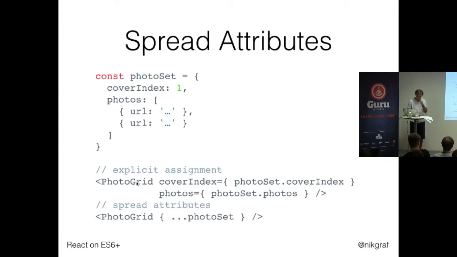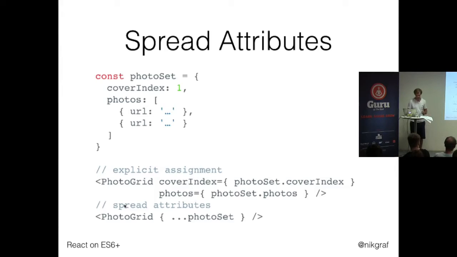What you can do is explicitly assign everything. So if I want to show that in a photo grid, I could say, okay, the cover index is coming from my photo set, and that's the cover index. And the photos are coming from the photo set, and these are the photos. So I pass everything explicitly down to the subcomponent, in this case the photo grid.